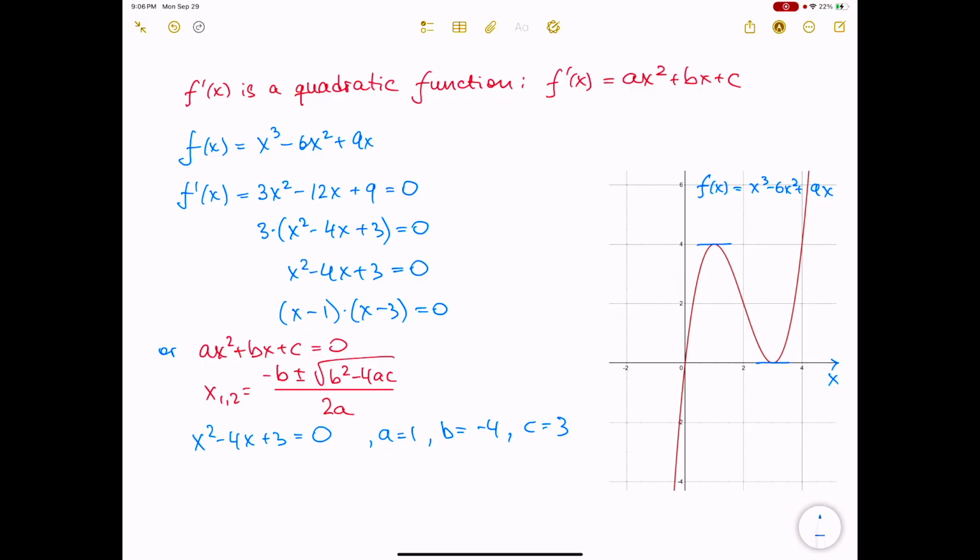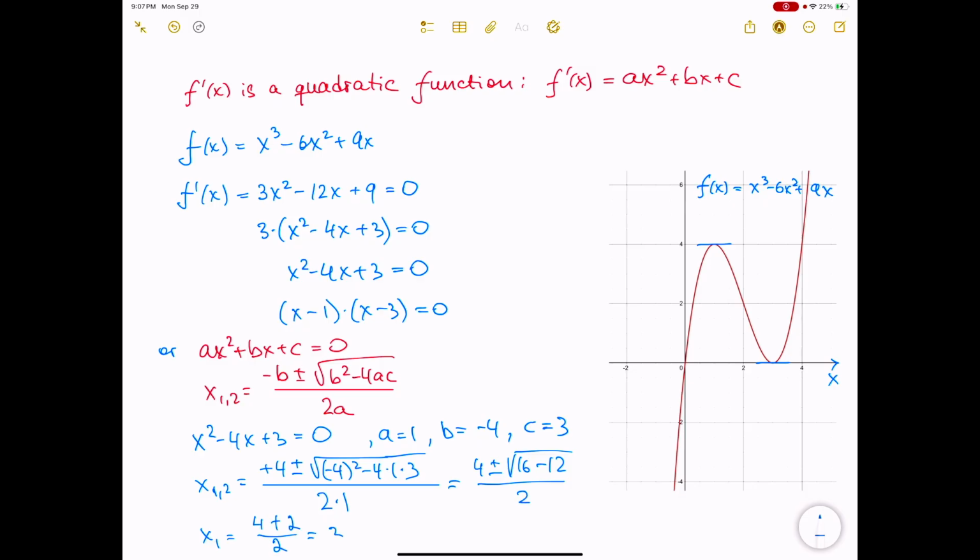For x squared minus 4x plus 3 equals 0, a is equal to 1, b is equal to minus 4, and c is equal to 3. Using the quadratic formula, we will find that x is equal to 4 plus or minus the square root of 16 minus 12, divided by 2. 6 divided by 2 is 3. 2 divided by 2 is 1. Those are the same roots that we have found using factoring.